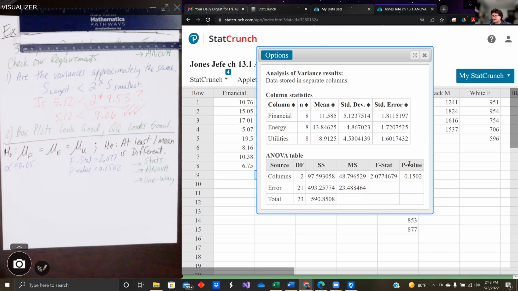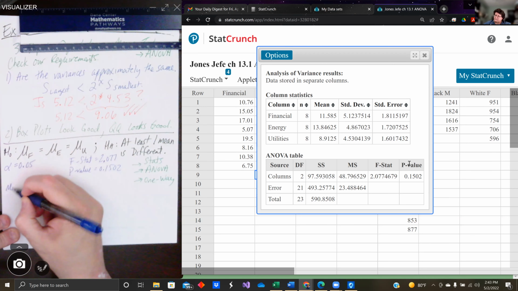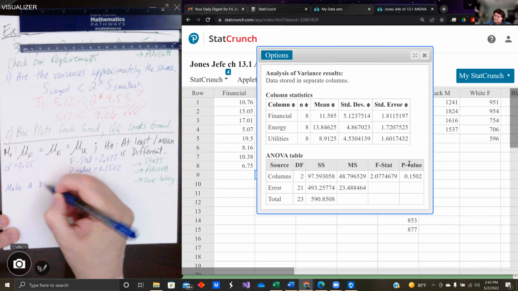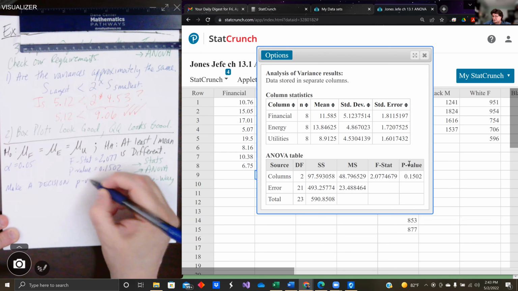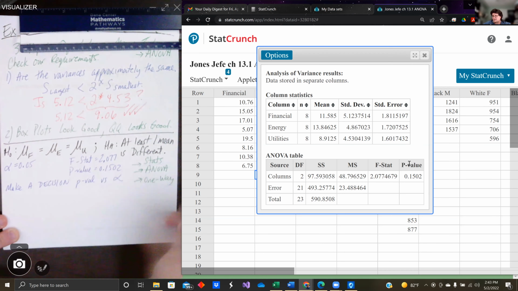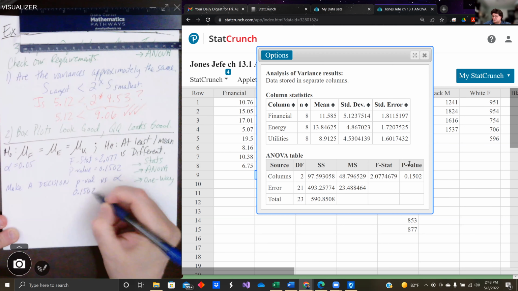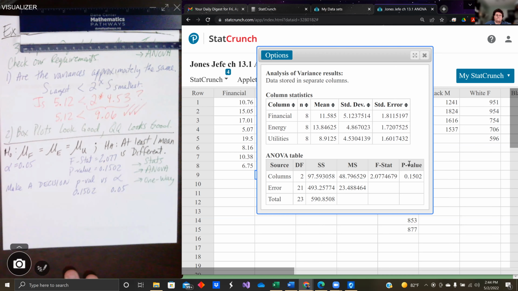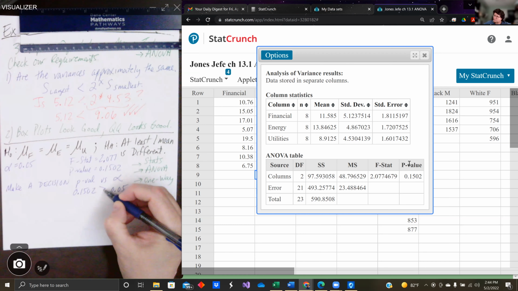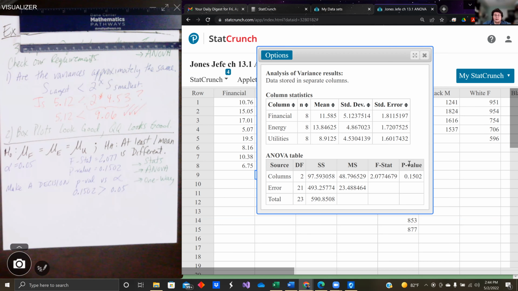So from there, we make a decision. Remember, we have to compare p-value versus alpha. 0.1502 versus 0.05. So p-value is greater than alpha.